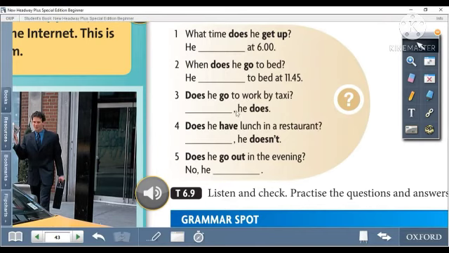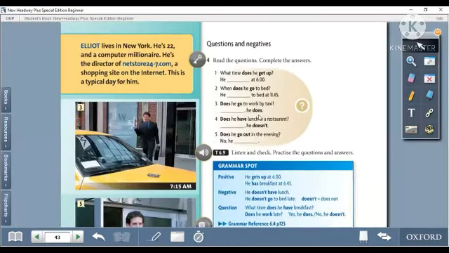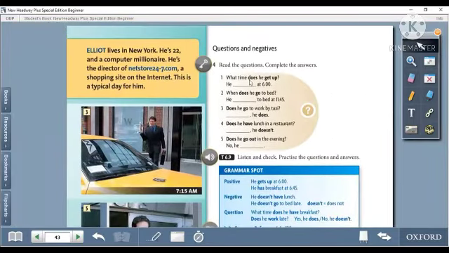The answer here is he does, meaning yes, because it's positive. But if it were negative, he doesn't, meaning the answer is no. So yes, he does. Does he have lunch in a restaurant? No, he doesn't. Does he go out in the evening? No, he doesn't. Okay? So as we learned, in the question we use does, and in the negative doesn't. The verb is always in the infinitive.